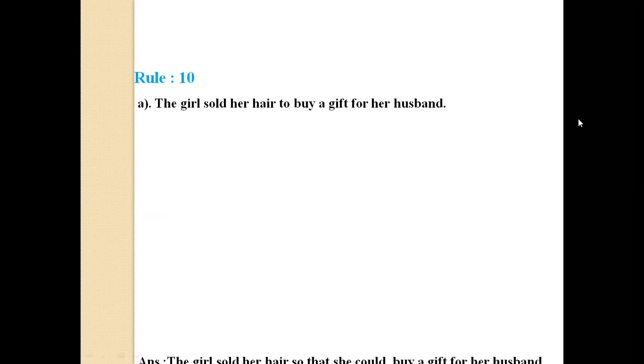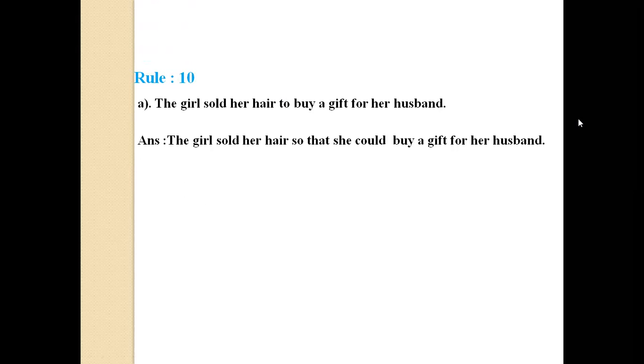So the answer will be: the girl sold her hair so that she could buy a gift for her husband. After so that, use subject. Here the subject is girl, so write she instead of girl, and sold is past tense, so use could, then the rest of the sentence.